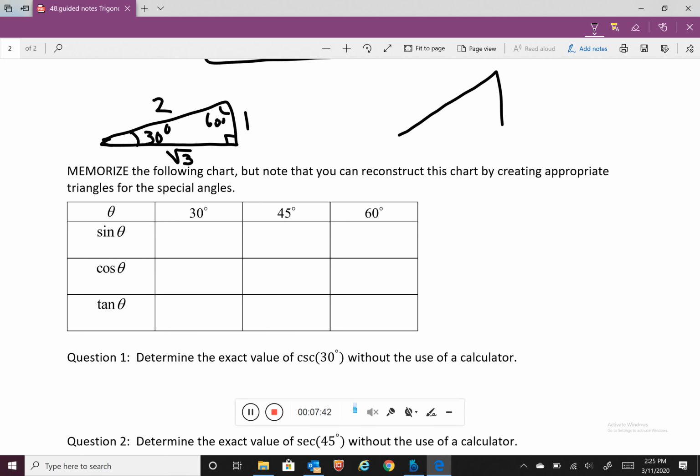And then for our isosceles right triangle, we have 1, 1, radical 2.